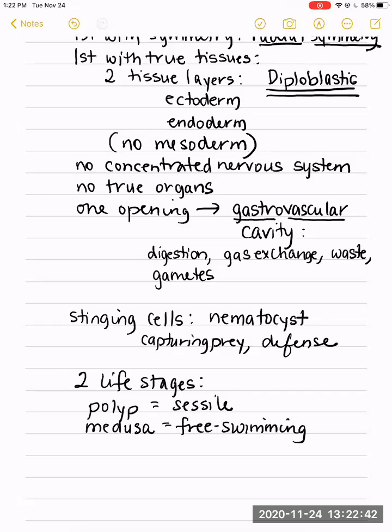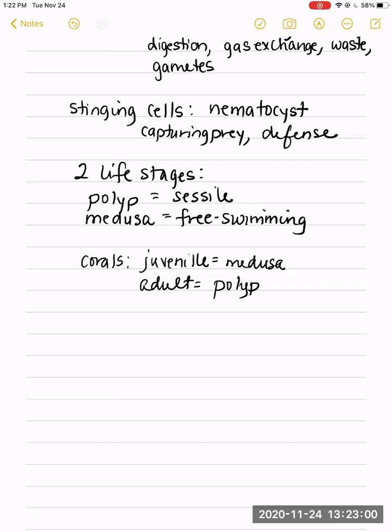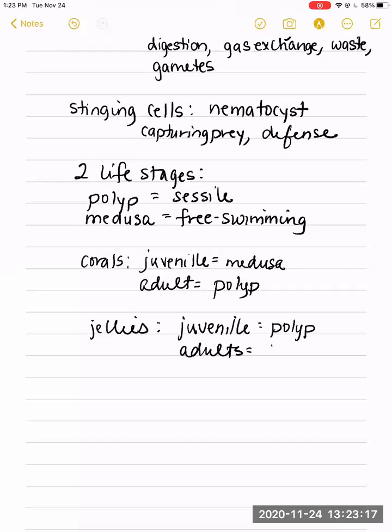For example, in corals, the juvenile stage is the medusa, but the adult is the polyp. So the mature corals that you see, that is the polyp stage, obviously not moving. The jellies, it's the opposite. The juvenile is actually not moving, but we've all seen the adults, and they're the medusa.